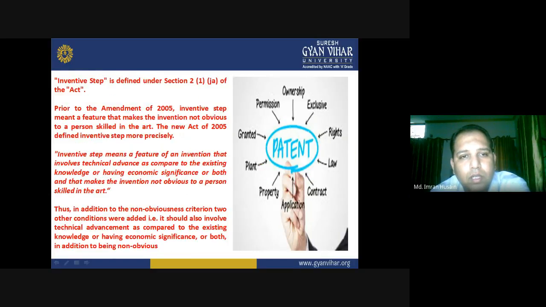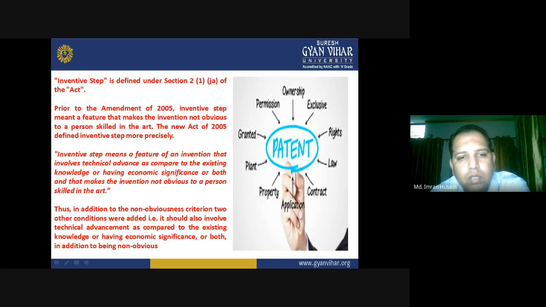Inventive step is defined under Section 2(1)(ja) of the Act. Prior to the amendment of 2005, inventive step meant a feature that makes the invention not obvious to a person skilled in the art. The new Act of 2005 defined inventive step more precisely.